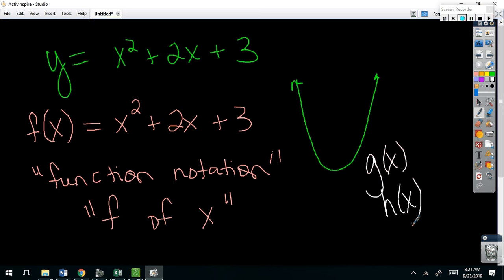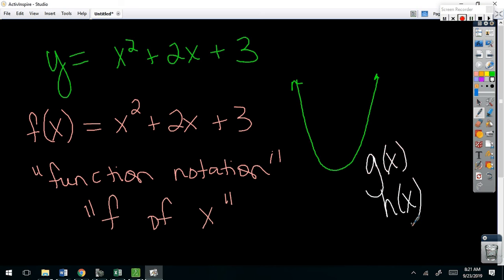It's just a way of naming them, calling them something different, okay? But it still tells us that what follows is a function. Does that make sense? Okay. I promise we're going to get to the algebraic part in just a minute.